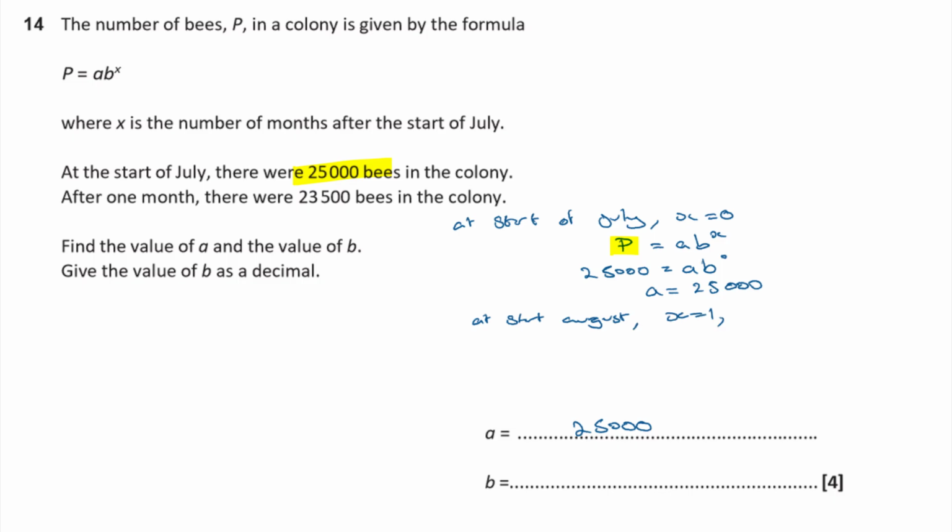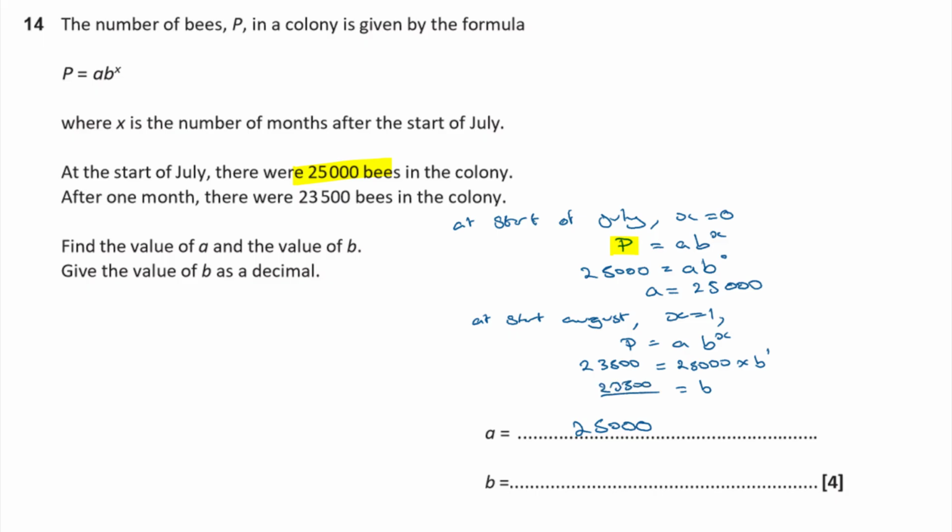So P equals AB to the power of x is going to become 23,500 equals A, which we now know is 25,000, times B to the power of 1. Now B to the power of 1 is just B, so B times 25,000 is 23,500. So then B is going to be, dividing both sides by 25,000, 23,500 divided by 25,000.